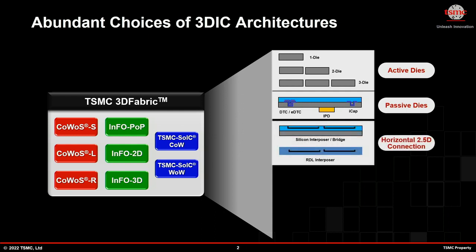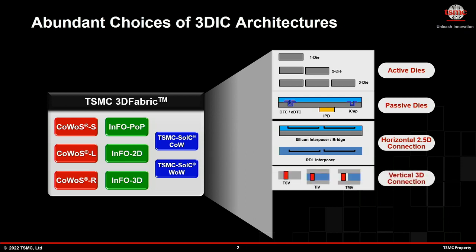We also have various kinds of 2.5D horizontal interconnects: the silicon interposer and the RDL interposer. And on the vertical 3D connections, we have the typical TSV, the through silicon via, the TIV, the through InFO via, and the TMV, the through molding via.